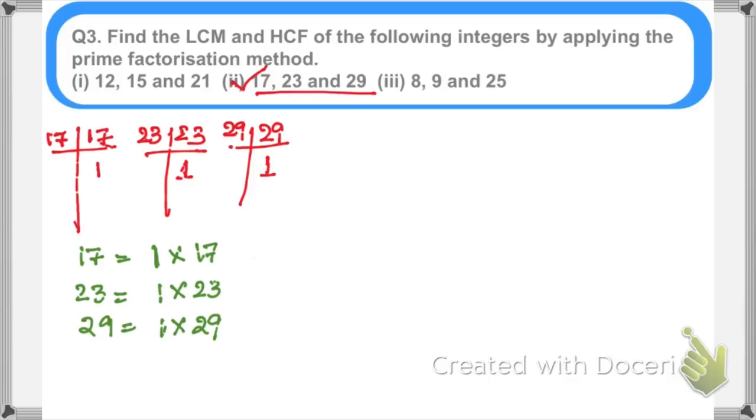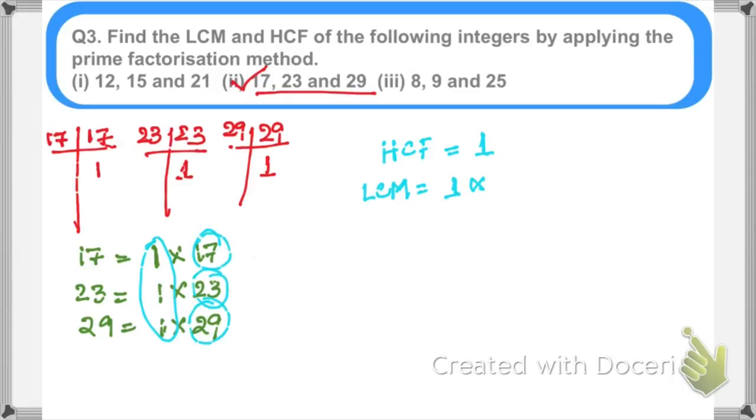So the highest common factor, that is HCF, will be equal to 1, and LCM will be equal to 1 into all those things which are not in common, 17 into 23 into 29, that will give you the result as 11339. This is the answer.